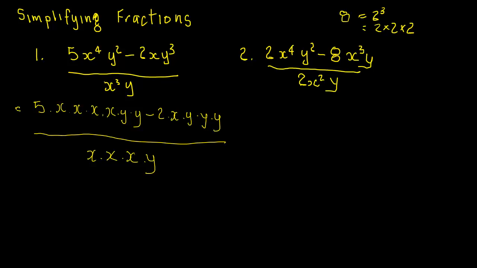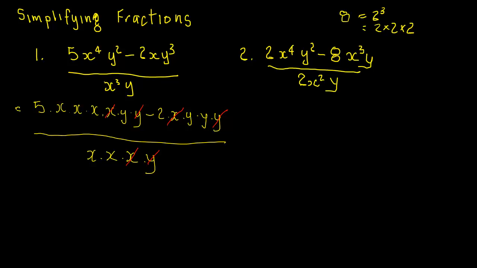We take out this x here, this x here, so there's no more x's in that term, and this x here. Now we do the same with the y: that y there, that y there, that y there. There's no other y's in each of the terms, so that's the cancelling or dividing. Effectively we've divided all three terms by x times y.